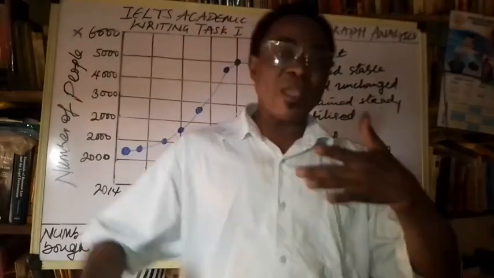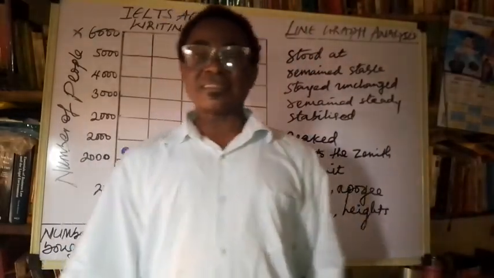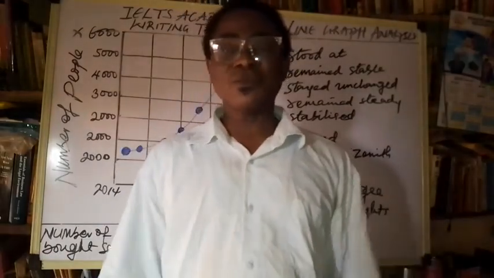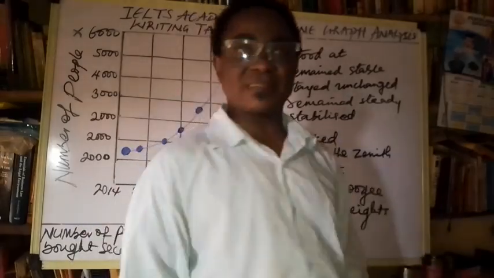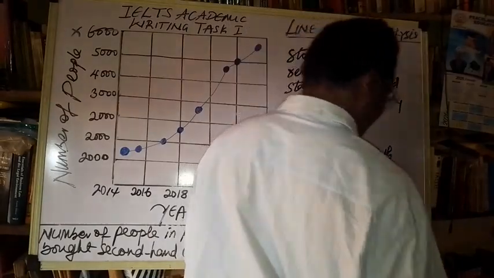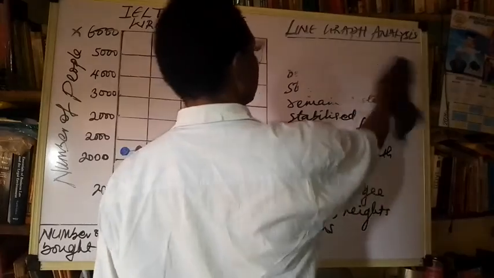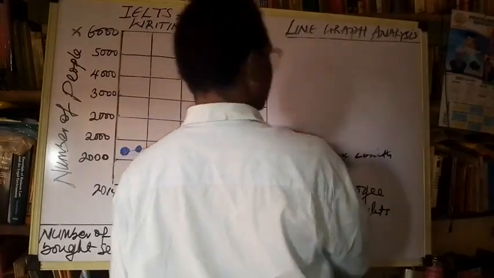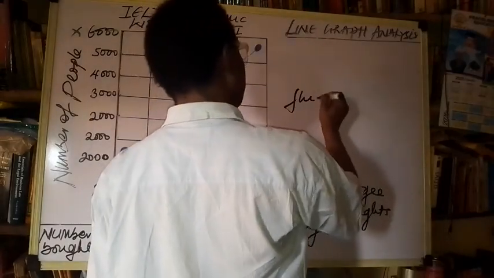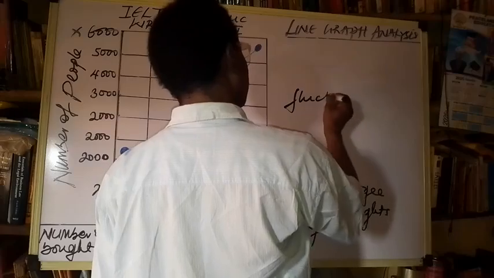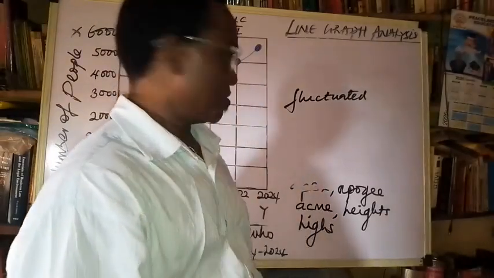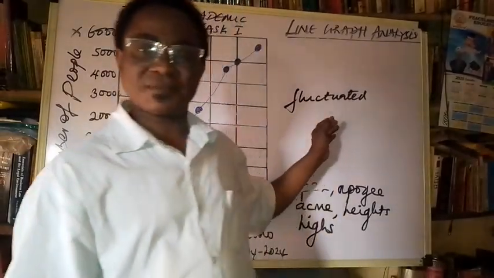If prices were rising and falling and were not stable, or quantities or amounts, you can use the word fluctuated. Values fluctuated.